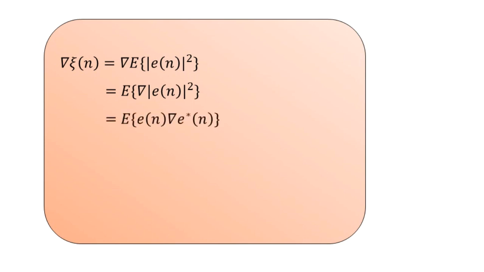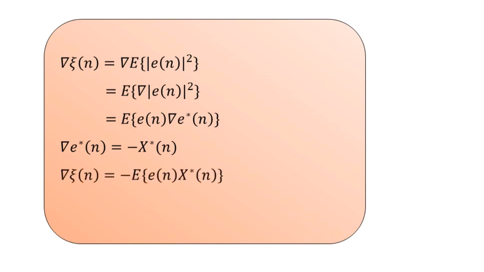And as we have the gradient of the conjugate of e of n represented as minus the conjugate of x of n, being the input discrete time random process here, it will follow that the gradient of zeta of n will be equal to minus the estimate of e of n multiplied by the conjugate of the discrete time random process x of n.